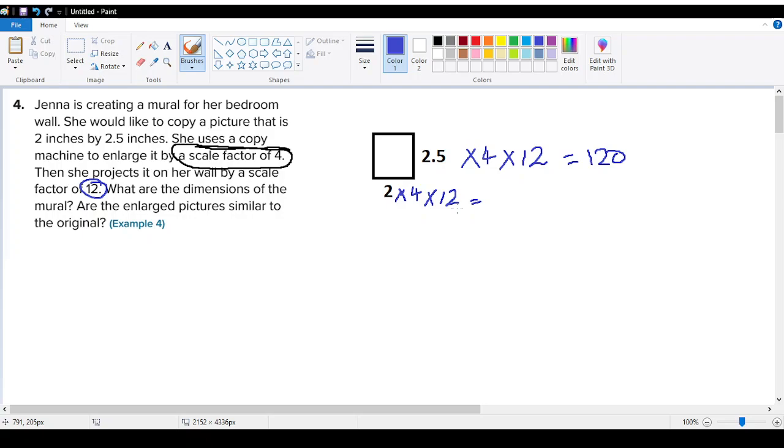I don't think that this is correct, Shamsa. What did you multiply with what? 2 and 4 give how much? 8. Okay.